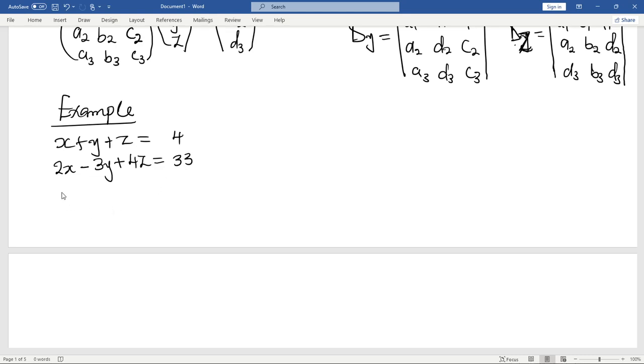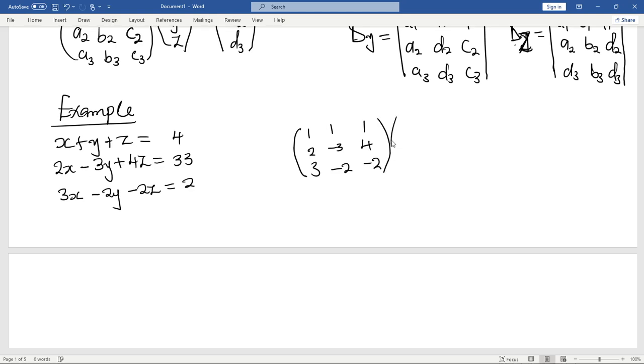Then you also have 3x minus 2y minus 2z equal to 2. Now, if we write this system of equations in matrix form, we get the coefficients of x, 1, 2, 3, then 1, negative 3, negative 2, then 1, 4, and negative 2.